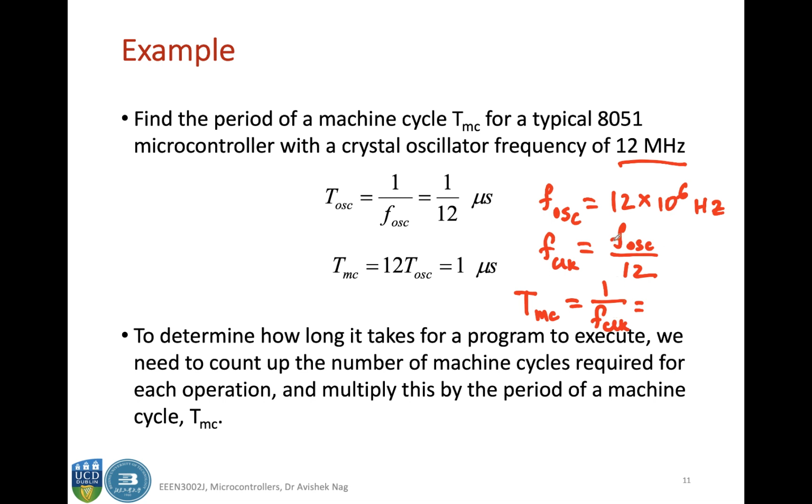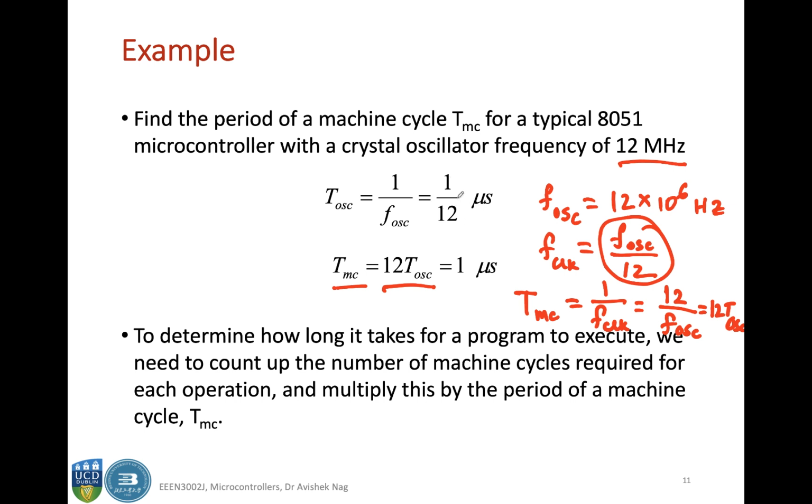If you now replace this, you will get 12 over the crystal oscillator frequency, which is nothing but 12 times the time period of oscillation. That is what is given here: TMC is equal to 12 times T oscillator, and T oscillator is 1 over F oscillator.